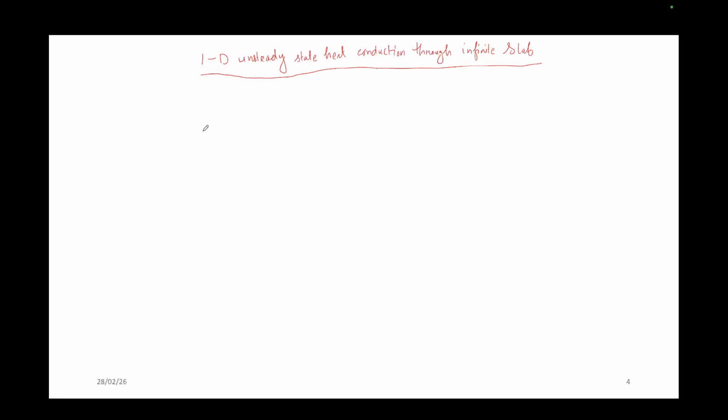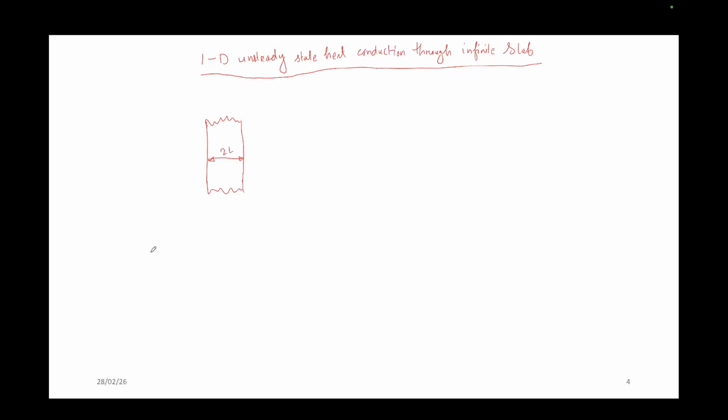Let us assume this is an infinite slab. If I talk about its axis, this is infinitely long, even on the bottom and the top side, but its thickness is constant.